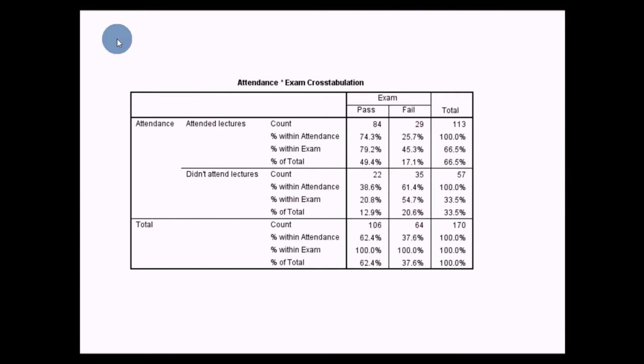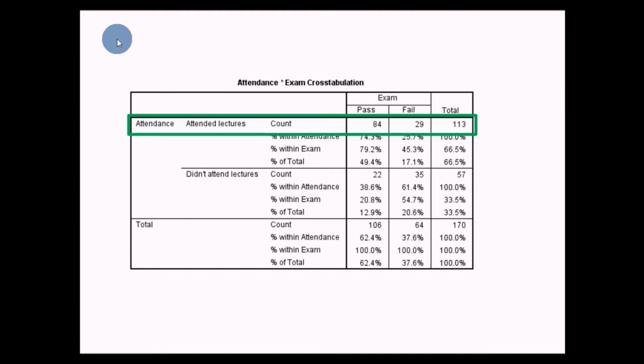Right, we'll have a look at the output now. What I did is select all of the percentages that you can get up, and we'll look at a few of these that are most important for this data. But before that, you can look at the counts. We'll take the first line here. This is the line for people who attended lectures, and the counts are the number of people who passed the exam versus failed.